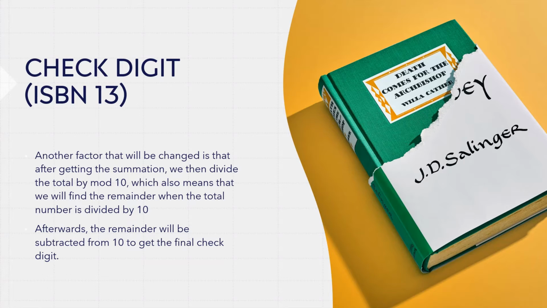Another factor that will be changed is that after getting the summation, we then divide the total by mod 10, which also means that we will find the remainder when the total number is divided by 10. Afterwards, the remainder will be subtracted from 10 to get the final check digit.